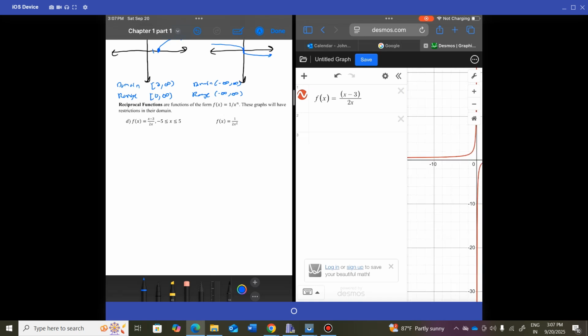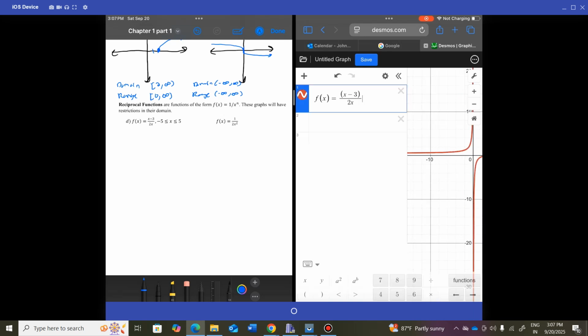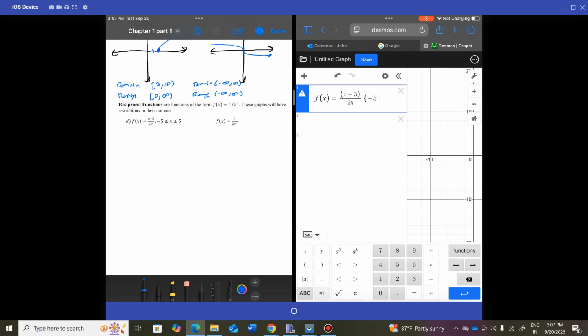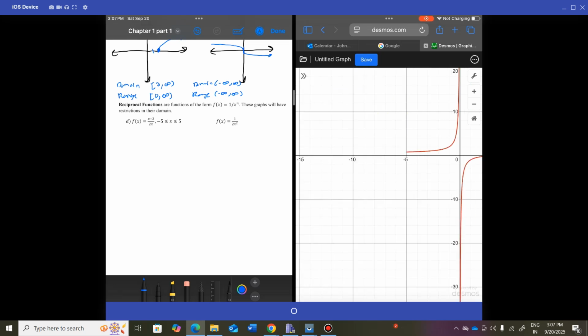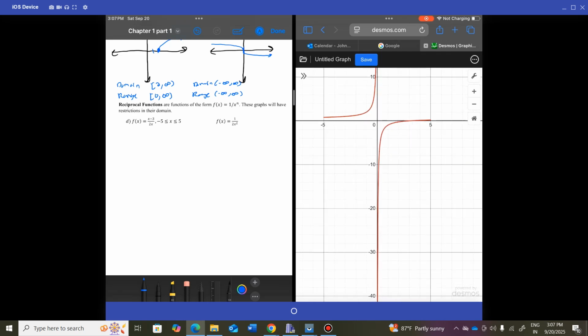Actually, maybe this isn't the one I was thinking of. And so do the braces. Negative 5 less than x less than positive 5. Yeah, this wasn't the one I was thinking of.